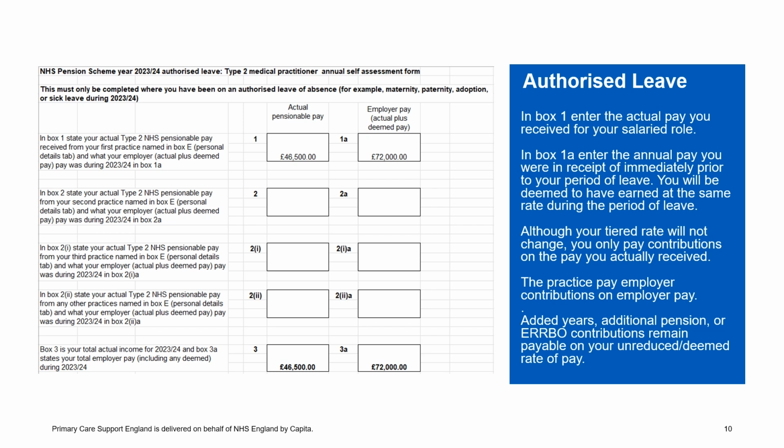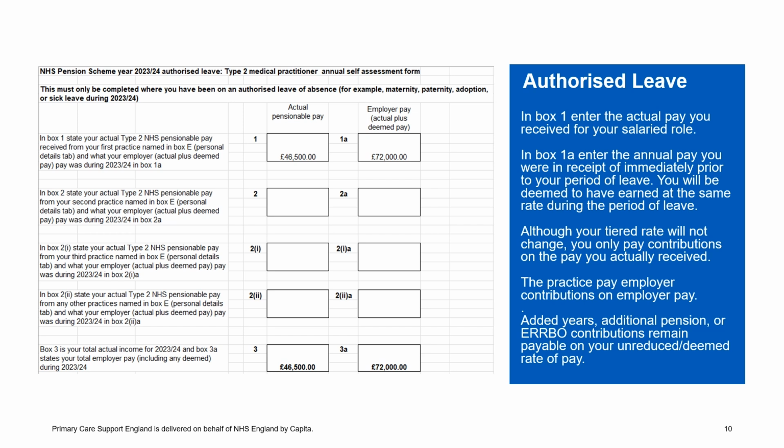You are deemed to have earned at the same rate during the period of leave as before the leave commenced. So this means that the full annual pay before the leave commenced is used to determine the tier rate. So you pay that same tier rate in terms of calculating the contributions, but the contributions are calculated based on the pay that you actually receive.